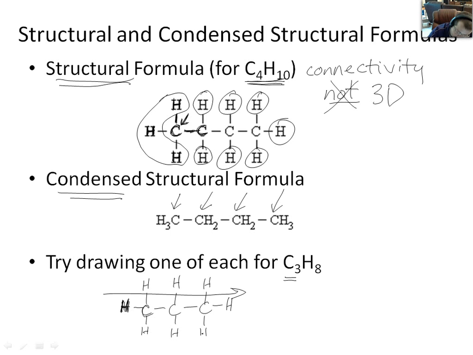So when I write the condensed structural formula, that's why I would write H3C, because I come across the H's first, and then for the remaining I write CH2, CH2, CH2, CH3. There we go. There's our 1, 2, 3 carbons, and our 3, 4, 5, 6, 7, 8 hydrogens for C3H8.